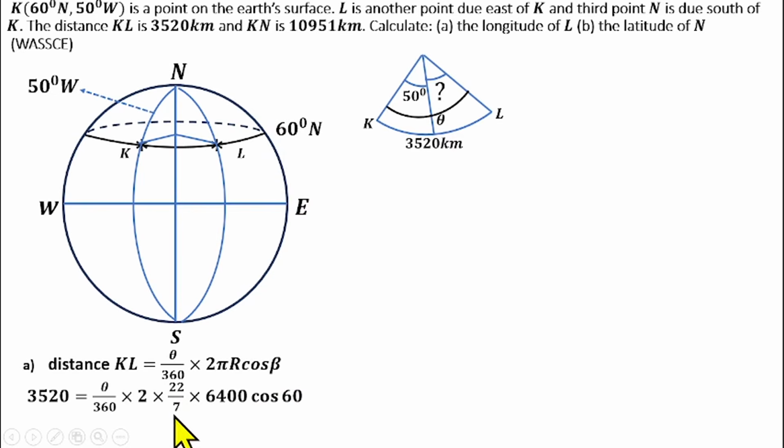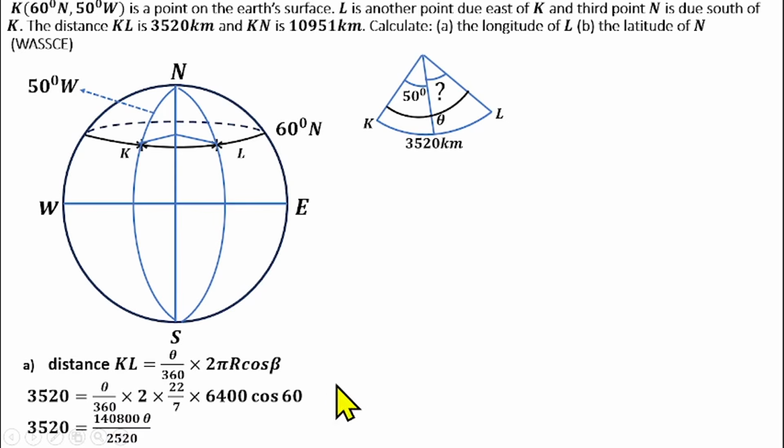If you simplify this further, I can multiply the numerators and the denominators. So I have 3,520 equals 2 times 22 times 6,400 cos 60, which gives 140,800, times theta over 360 times 7, which gives 2,520.